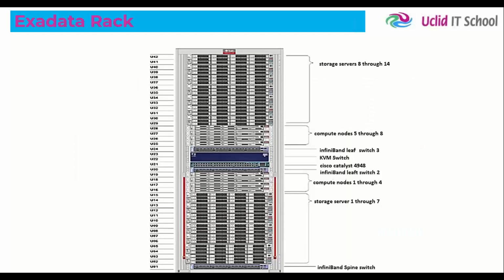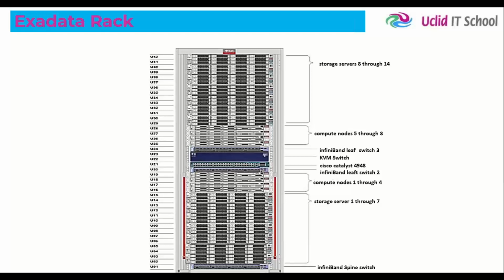Now this slide shows you the cross-sectional overview of an Exadata rack and also shows you the component locations inside the rack. Though you don't need to understand the component locations and all that, because most of the time you may not get the opportunity to physically touch or see an Exadata rack, because generally Exadata racks are installed in a data center and the DBAs work remotely, right?